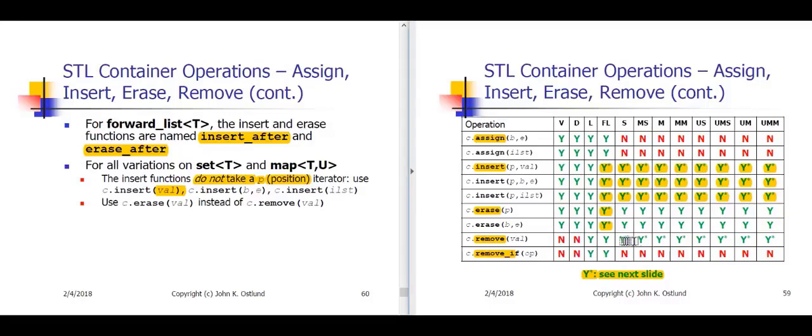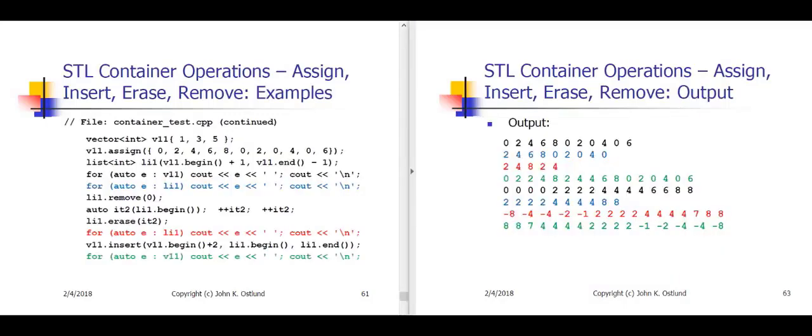Also, just as a matter of historical inconsistency, whereas we would use remove to remove a value from a list or a forward list, it turns out we use erase instead of remove for the associative containers and the unordered containers. A lot of effort has been put into trying to keep these interfaces and member functions as similar as possible, but here we've fallen short of perfect.